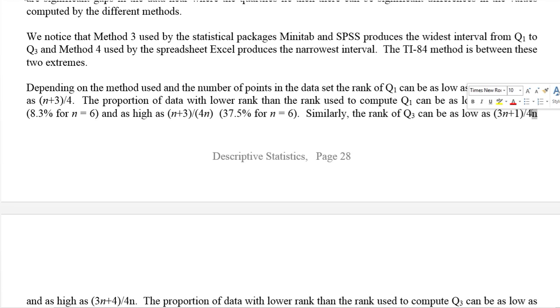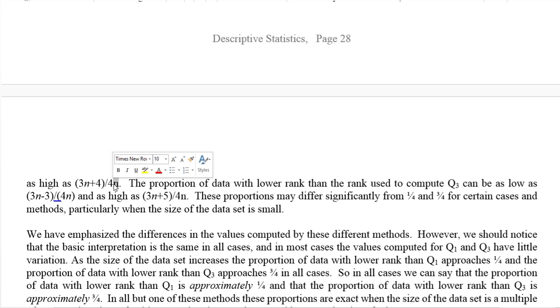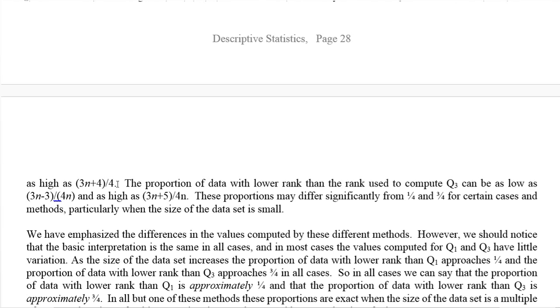No, they don't either. Those are how many data points. So divide them by n, and you get the proportion. Okay, this one is a proportion, so it should be divided by n.